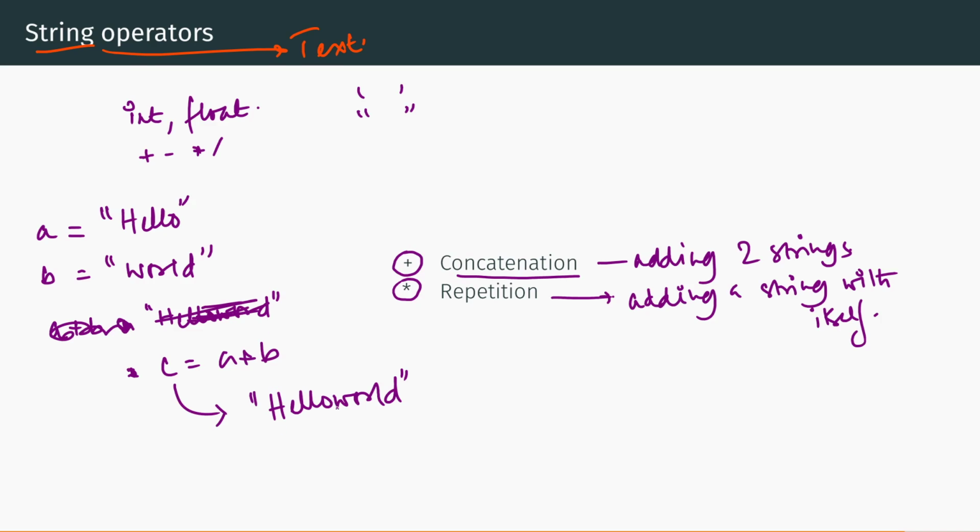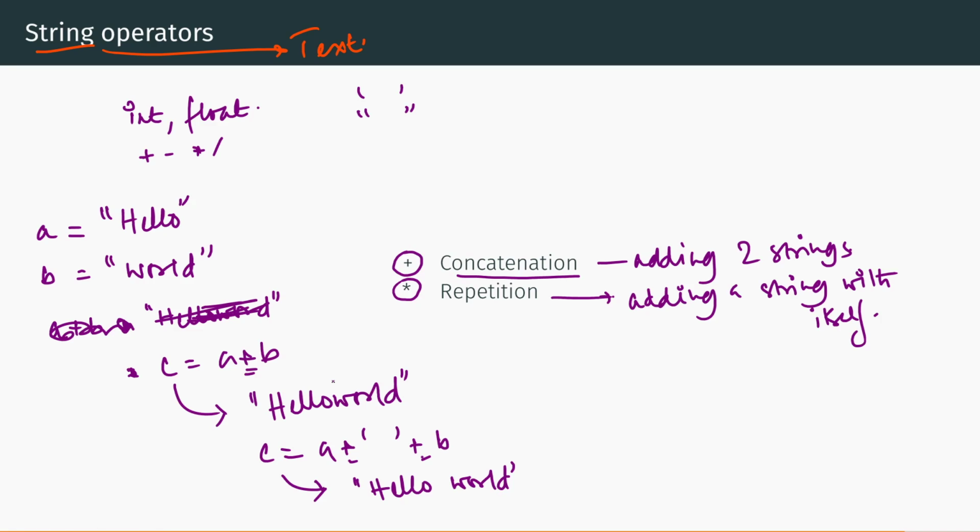If you want to add a space between the hello and the world, you have to say something like c equals a plus a space within quotes plus b. Then if you print c, it will give you hello space world. Okay, so that's how you concatenate strings. You just use the plus, and that adds one string after the other.